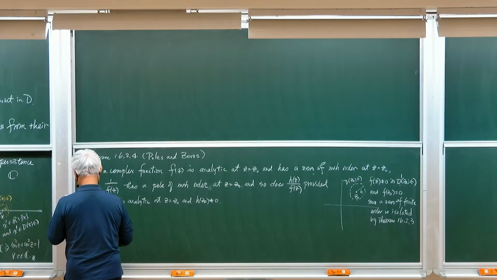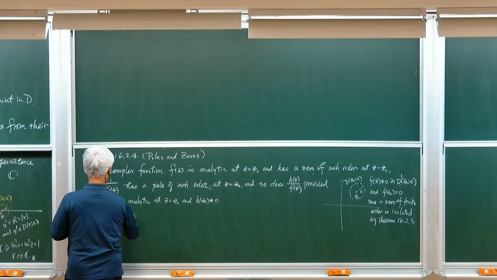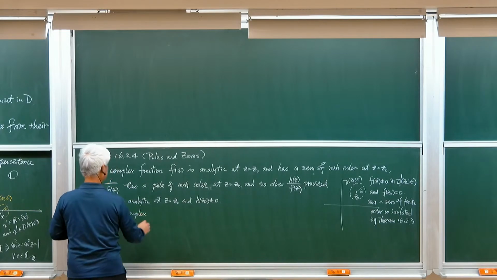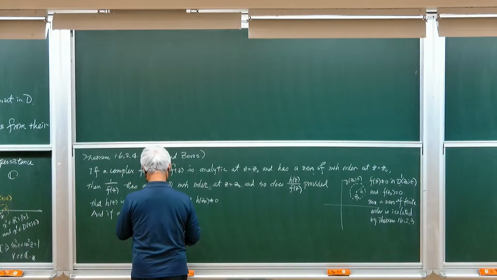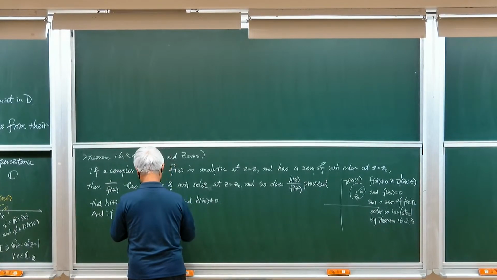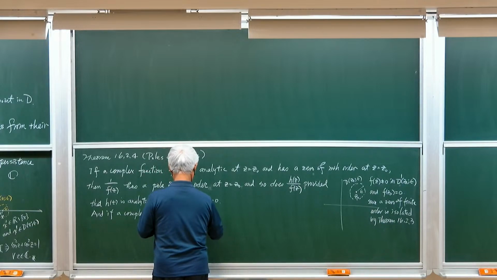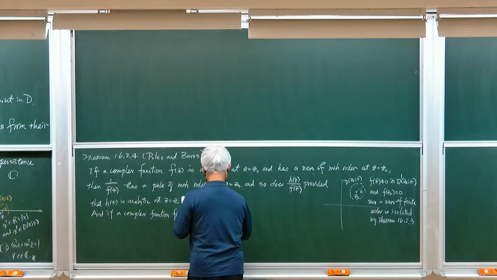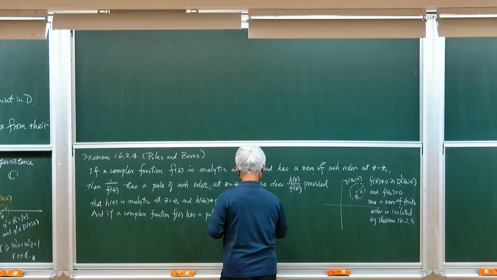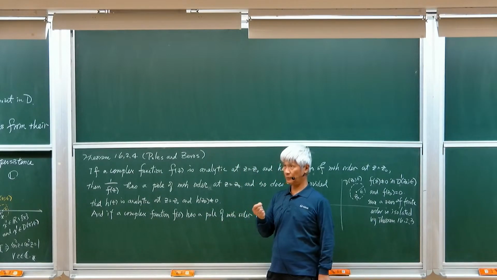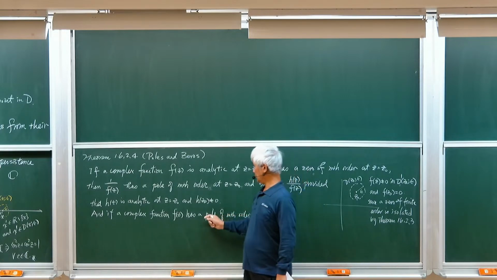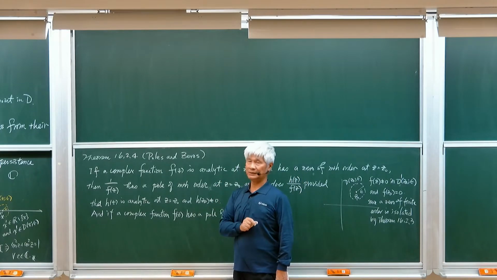Now, if a complex function f(z) has a pole of mth order at z0. And remember, when we define a pole of mth order, we mean that any pole is an isolated singularity, right?